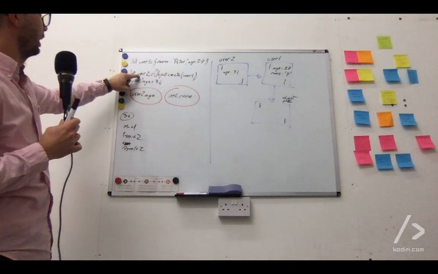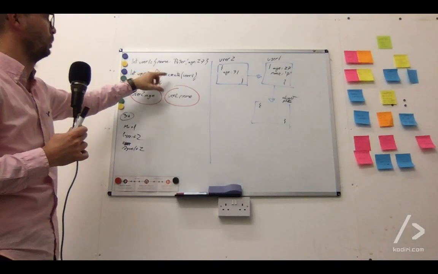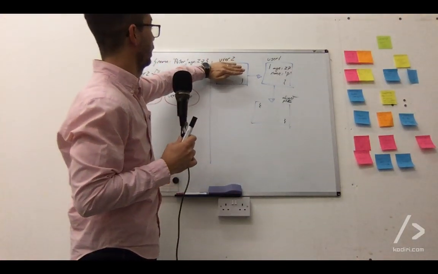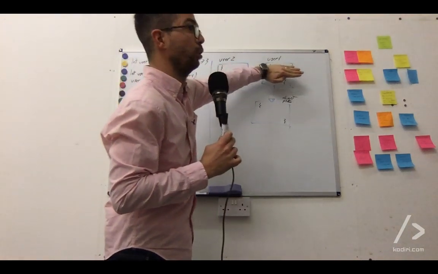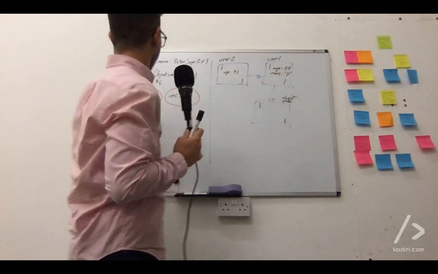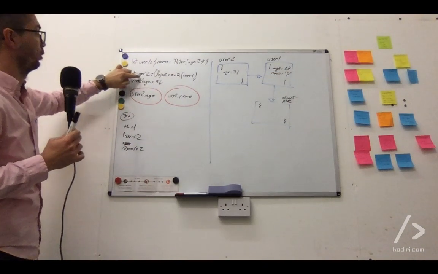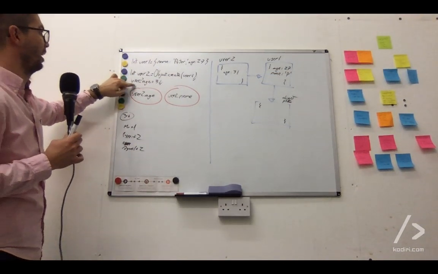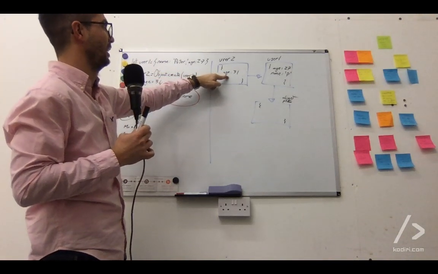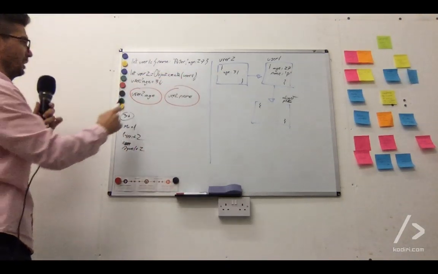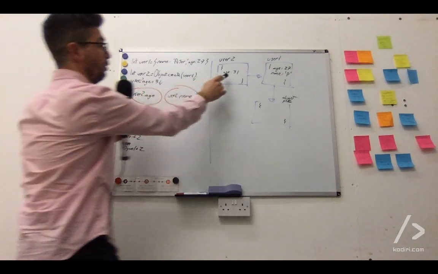When we do let user2 equals Object.create, essentially we're creating an empty box on the left that will refer to user1. Then, as part of user2, we are creating a new property called age. So the way that works is user2.age, that's the first box.